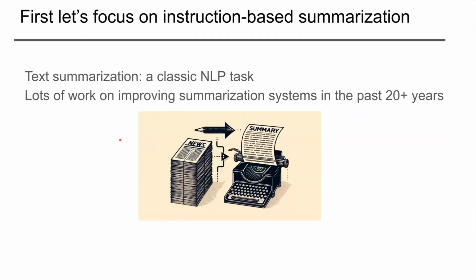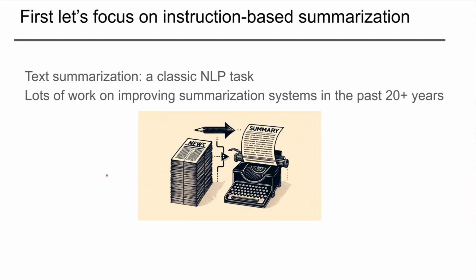I want to first focus on text summarization as an instance of instruction following. It is a task that requires the models to read the input articles and, given an additional instruction, for example, summarize this article in 3 sentences or summarize the main points about a certain topic, generate an output.